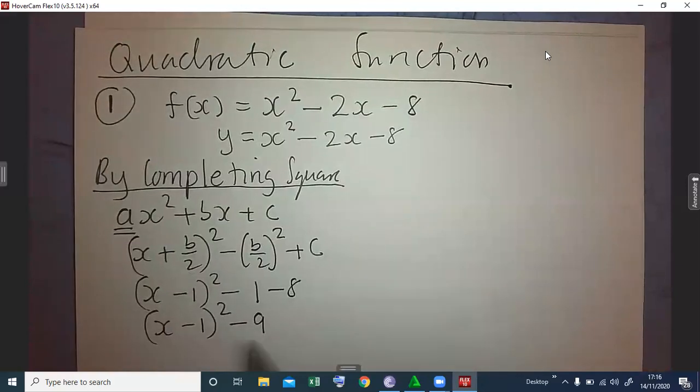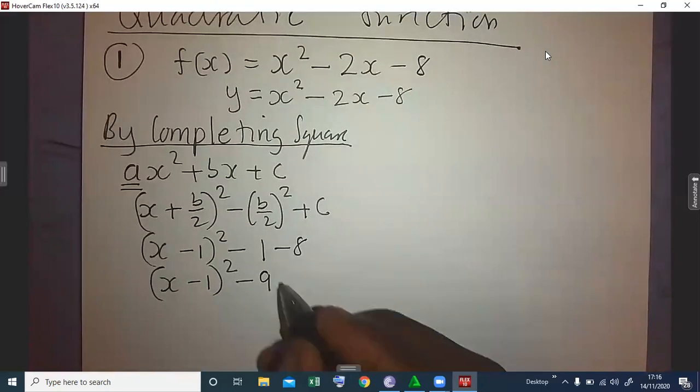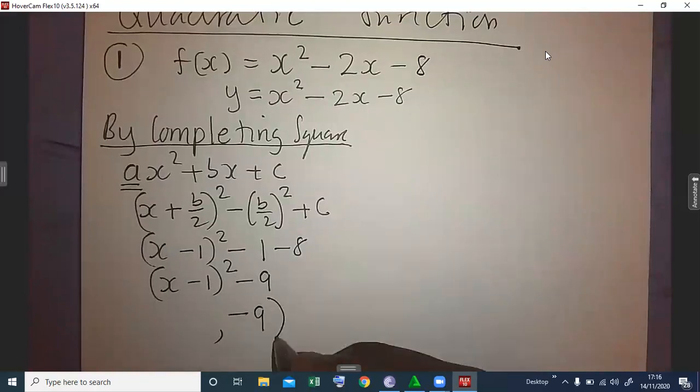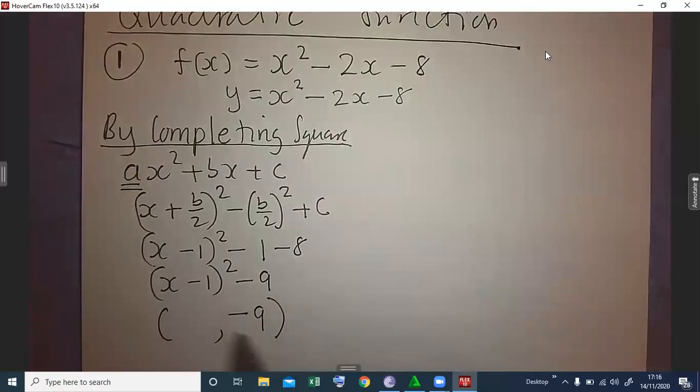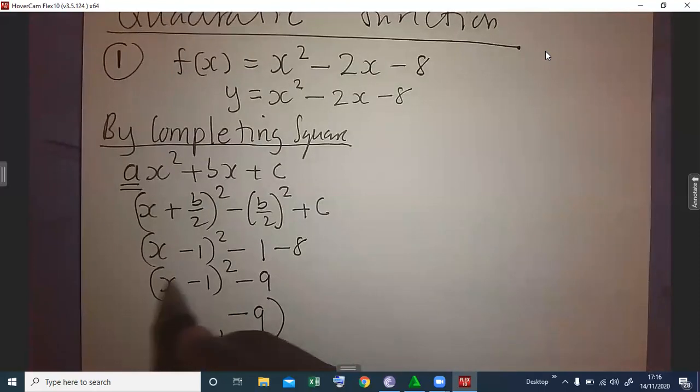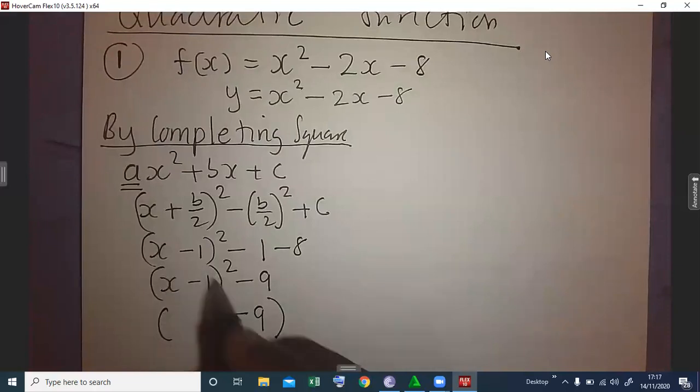So from the completed square, the constant value which is outside the square represents the y value, and the x which will make this whole statement 0 will be my x reading.